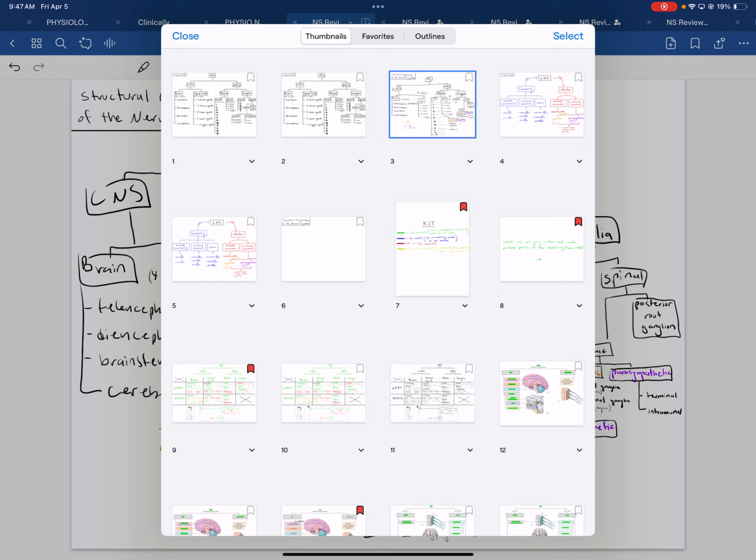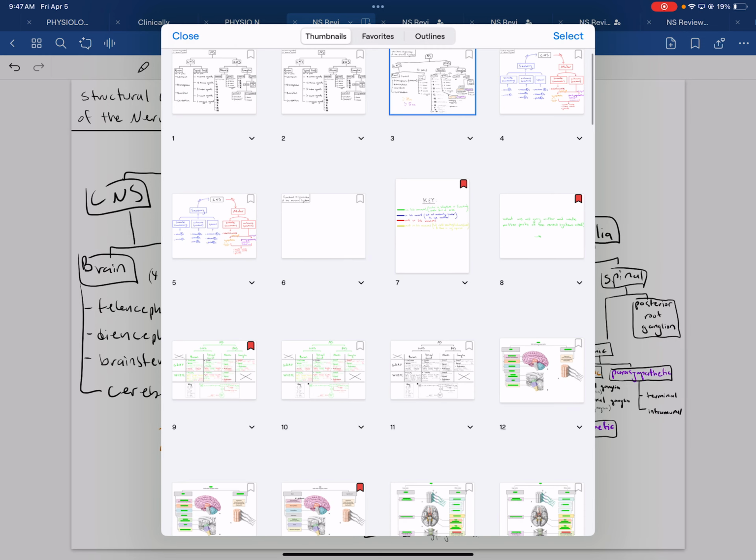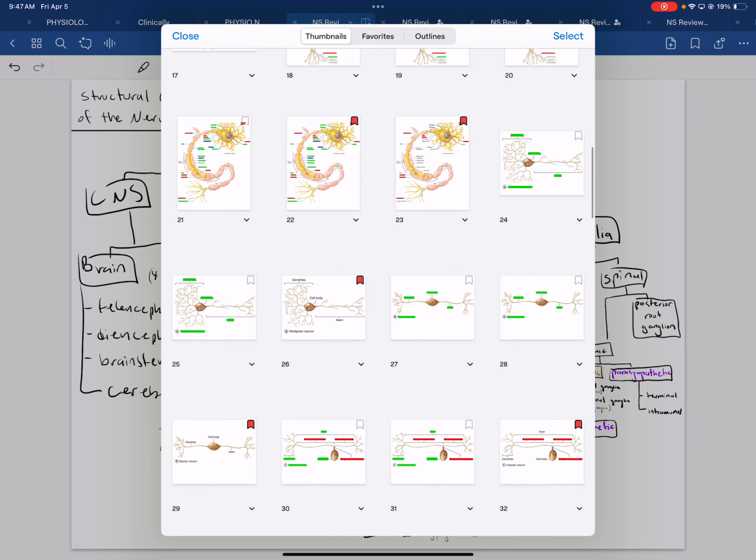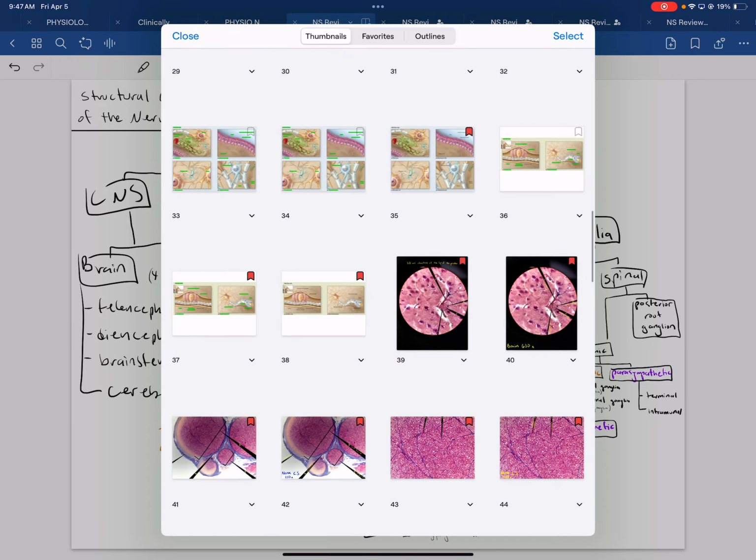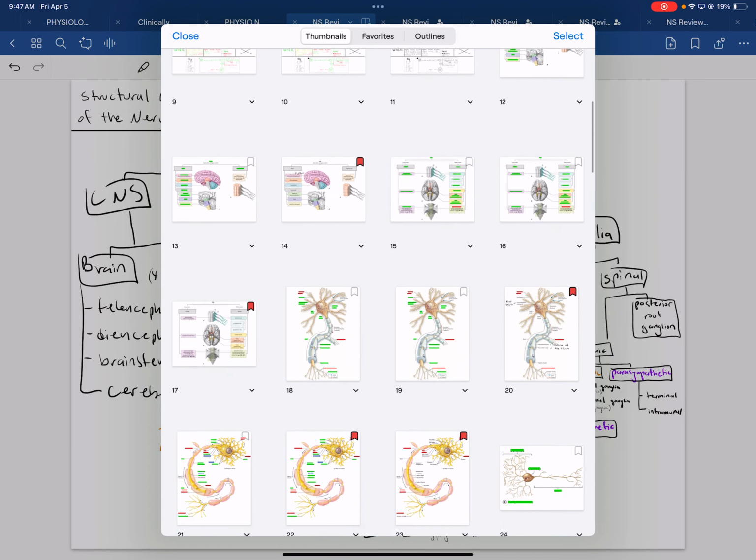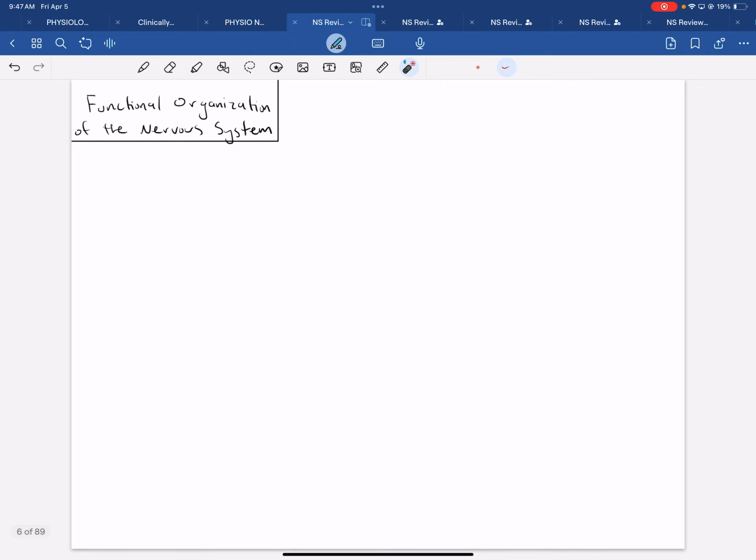Okay, let's do this other one. And let's just do it really quickly, right? Because it's also useful to understand the nervous system's functional organization, because we're talking about motor and sensory and sympathetic, parasympathetic.